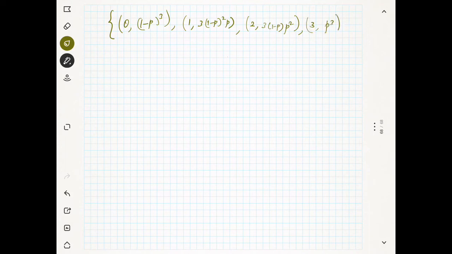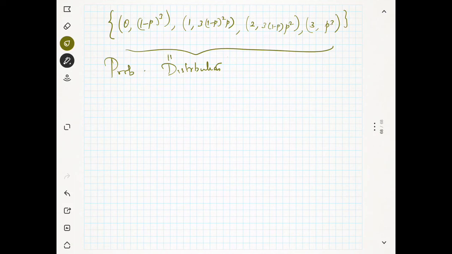So this is the probability distribution. There is one more thing, the probability distribution function, which we will discuss later. Suppose the probability of head, p of head, is equal to 1 over 2.